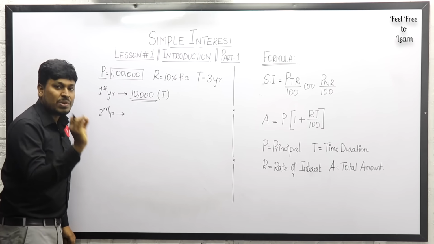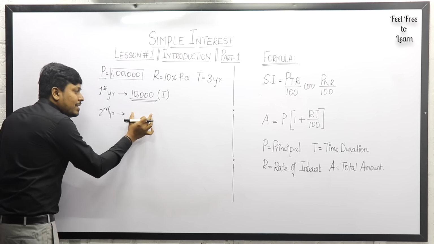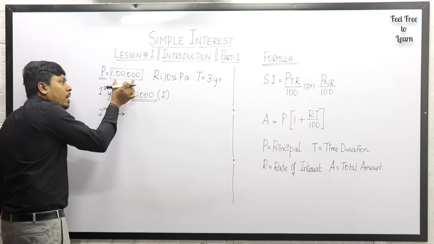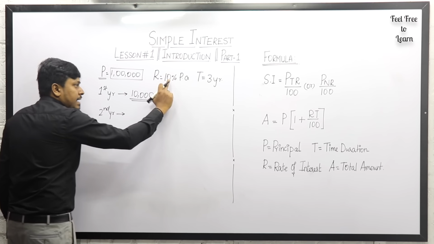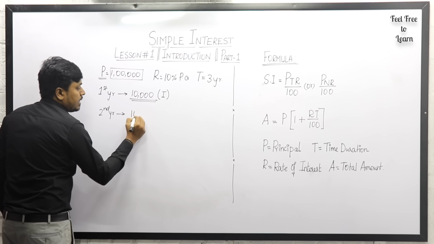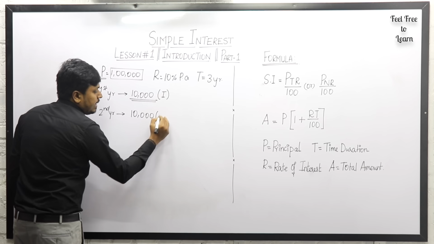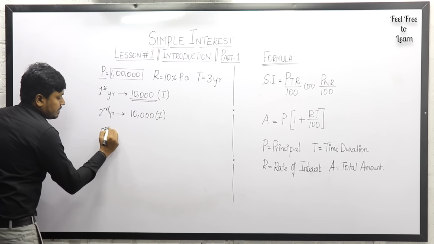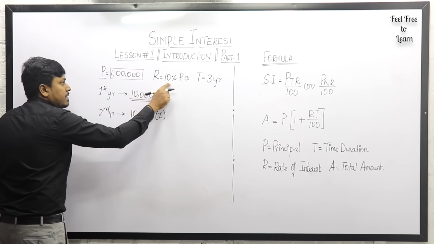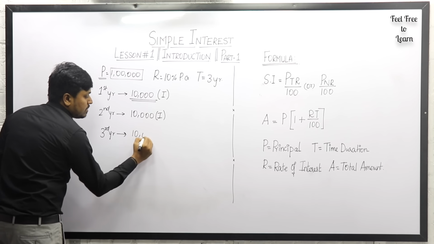Always remember what I have just told you, the interest will be calculated only on the amount that you have borrowed from the bank. Understood? Second year, again 10% of 1 lakh, 10,000 rupees. So in the second year you have to pay an interest of 10,000 rupees. Third year, again 10% of 1 lakh, 10,000 rupees.